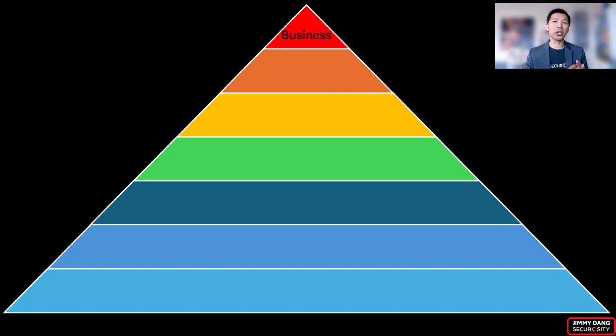The business mission and objectives define the strategic goals and aspirations of an organization. Now, these objectives provide the direction and purpose guiding all of the subsequent layers of the pyramid. They focus on what the organization aims to achieve in the marketplace, such as growth, customer satisfaction, innovation, or competitive advantage.